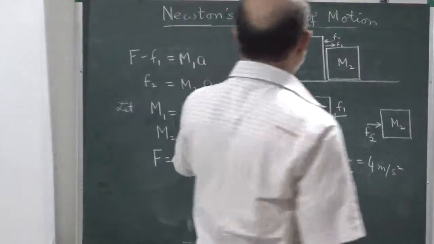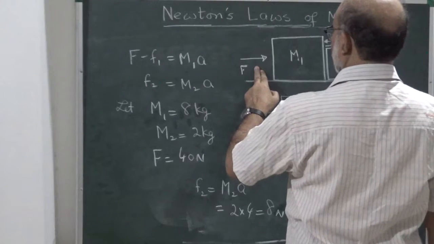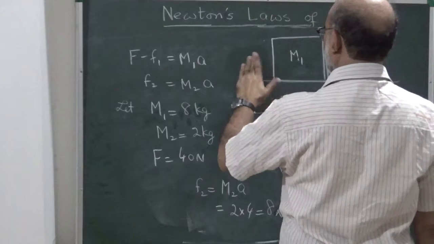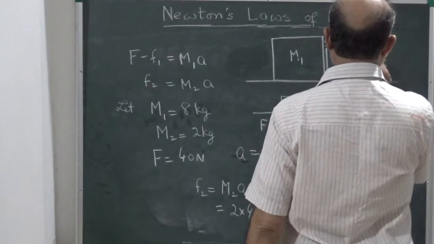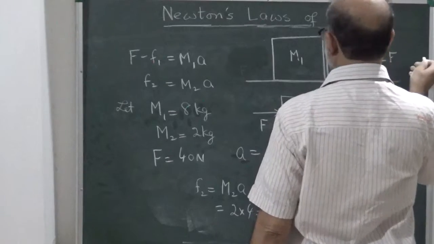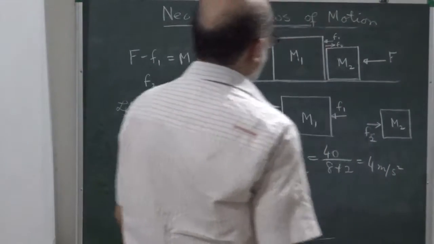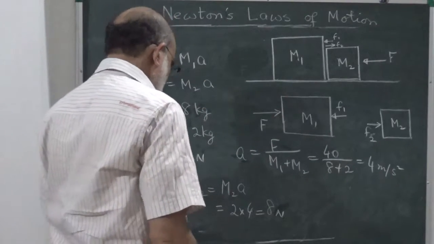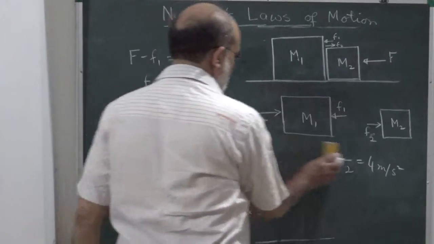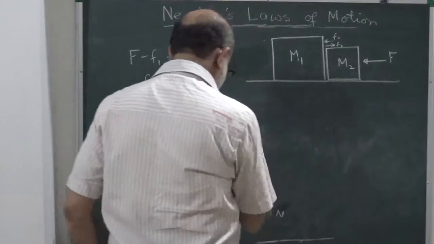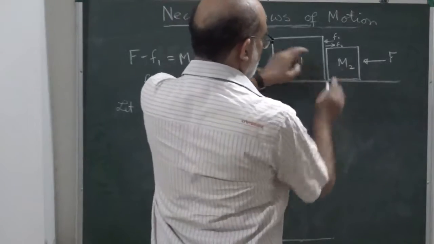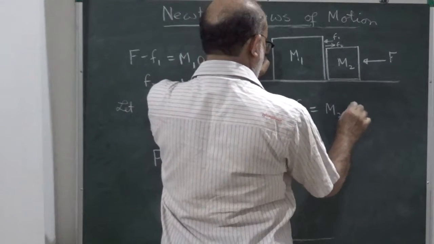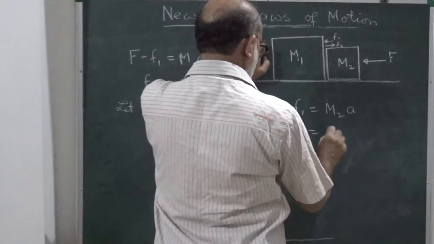Okay. Now just change the direction of the force. In the second case, suppose this same force is now acting, but in the opposite direction, not on M1 but on M2. So in this case, the equation will be like this: F minus F1 is equal to M2A, F2 is equal to M1A.